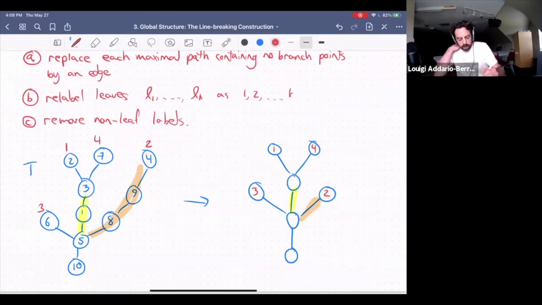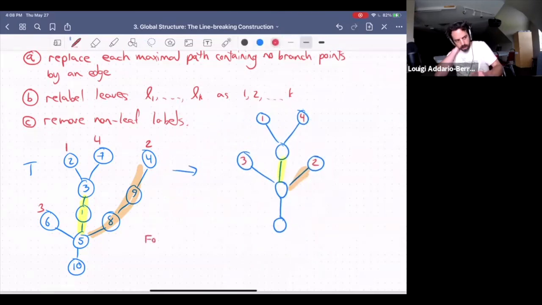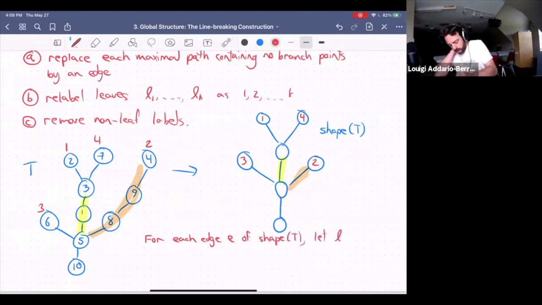And I'm also going to, so is that construction clear enough? I'm also going to want to keep track of the lengths of the paths that got contracted. Okay, so let's say that for each edge E of this tree, so the tree on the right is the shape of the original tree, for each edge E of shape T, I'll write the length.